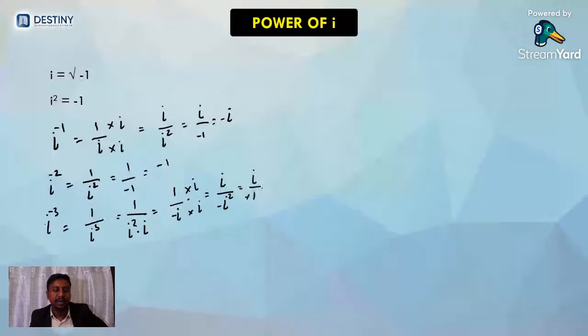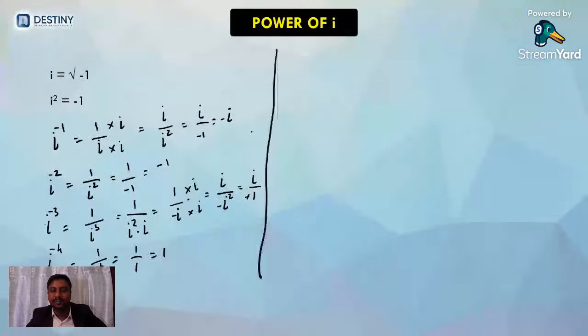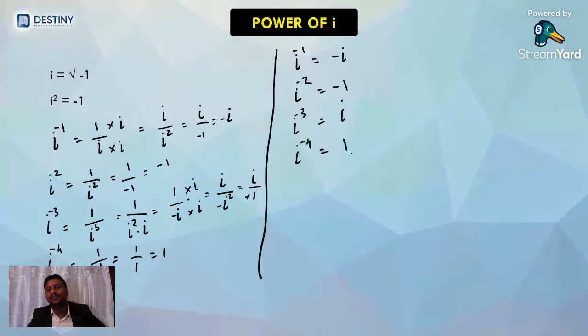So i power minus 4 is 1 by i power 4. So i power 4 is 1, right? So likewise, you can represent similarly. i power minus 1 will become minus i. i power minus 2 will become minus 1. i power minus 3 will become i. i power minus 4 will become 1.